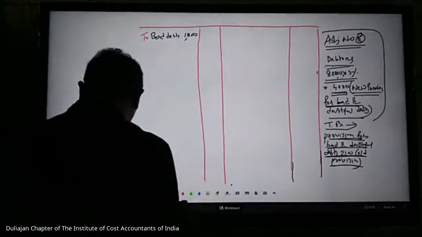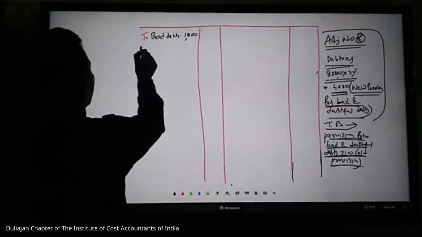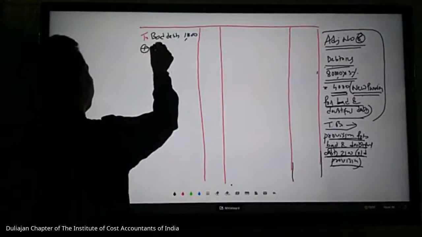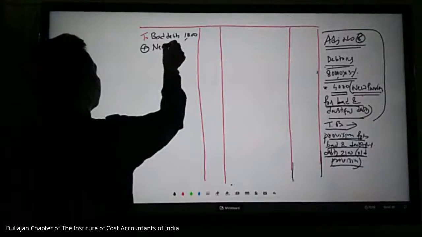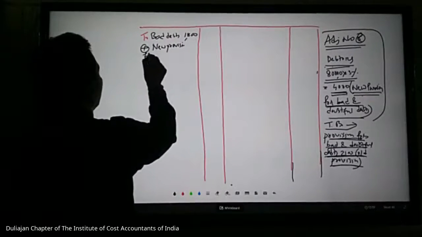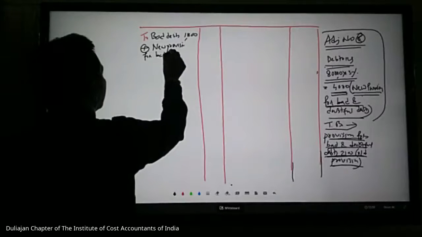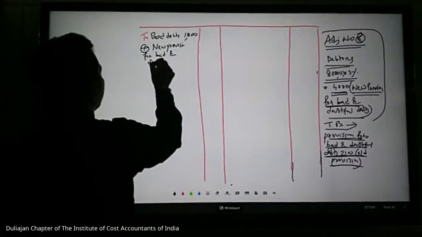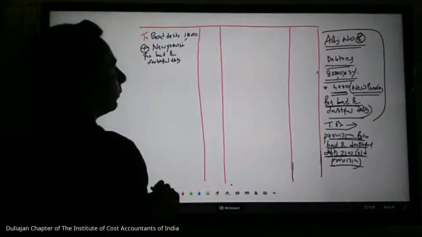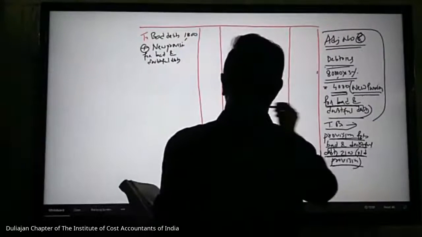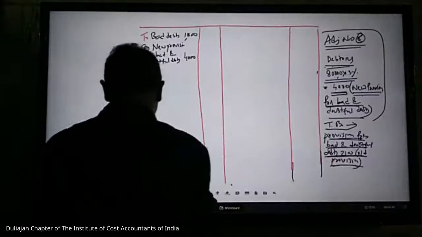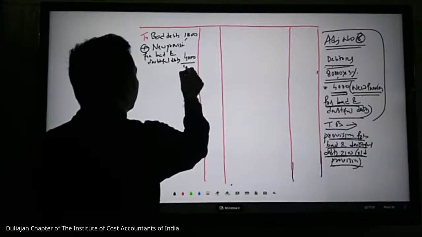First bad debt, then new provision for bad and doubtful debt. New provision how much? This is new provision 4,000. So 5,800.